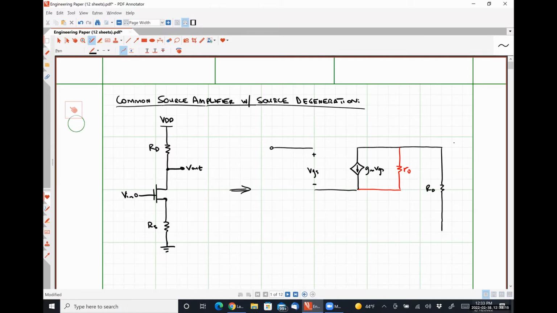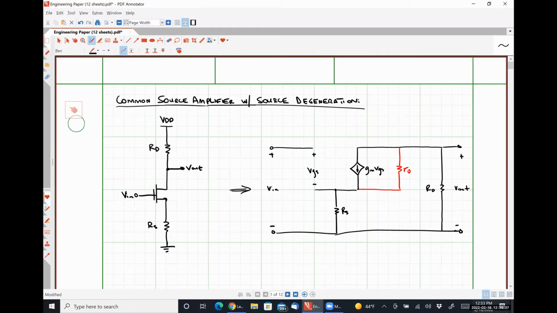Here's our resistance RD. Here is our output voltage. Source degeneration looks like this. And here is where our input voltage is applied.